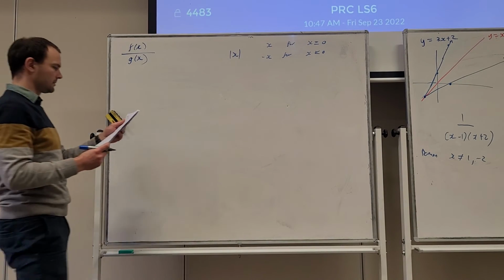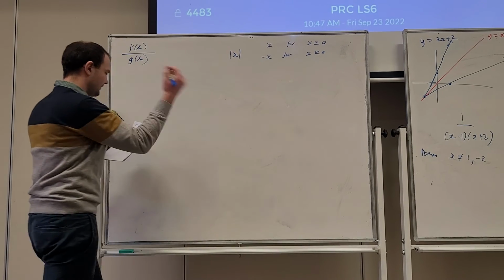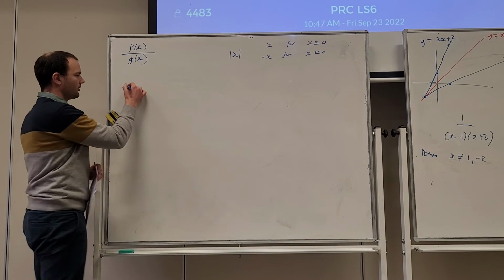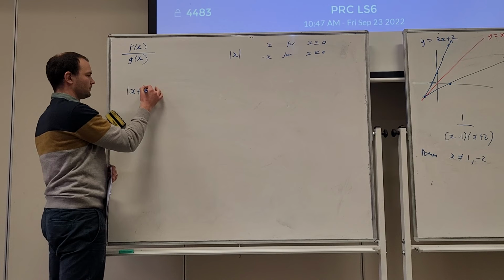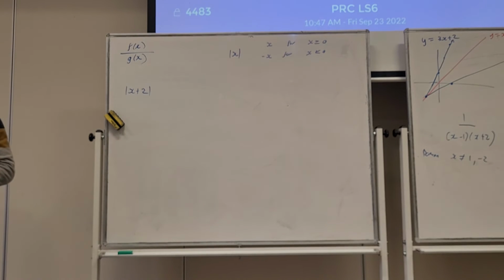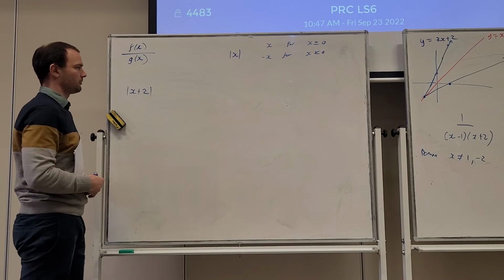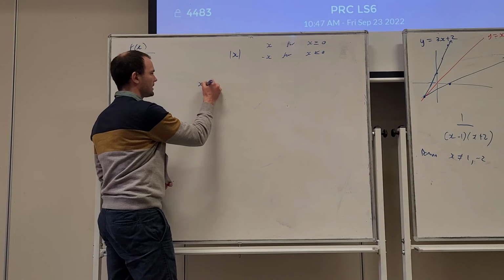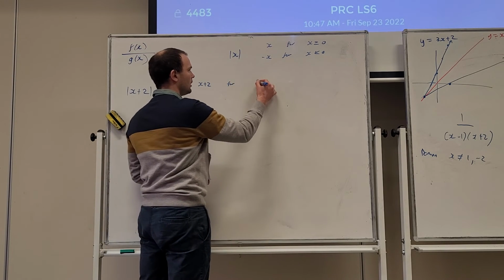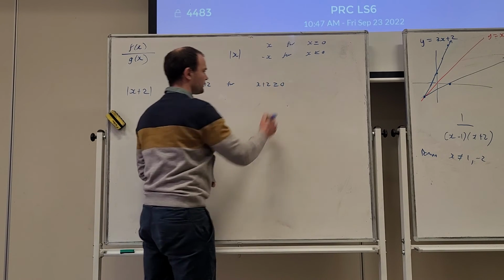So let's look at our circumstance. We have define algebraically and graph the modulus of x plus 2. I'm going to define it, and then I'll graph it and make a link between the two. The modulus of x plus 2 is going to be x plus 2 for x plus 2 greater than 0.